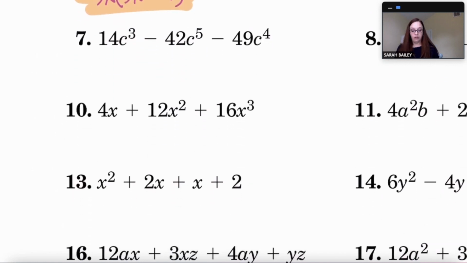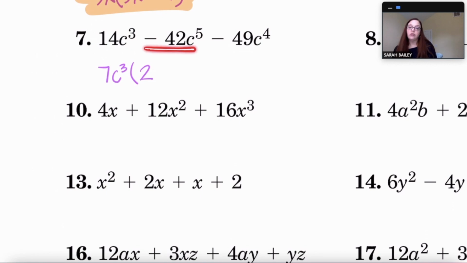All right, let's look at number 7. This time I've got 3 terms that I'm trying to factor. I see all the terms have c's, so I know I can factor out c cubed. I also see 14, 42, and 49. I know that 7 is a factor of 14, of 42, and of 49. So I'm going to factor out a 7c cubed. If I factor 7c cubed out of 14c cubed, that's going to leave me with just a 2.